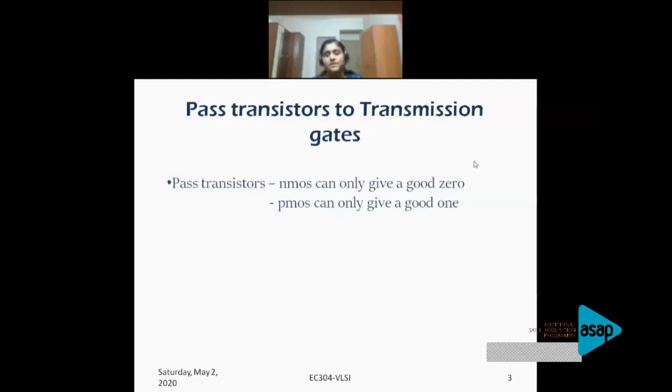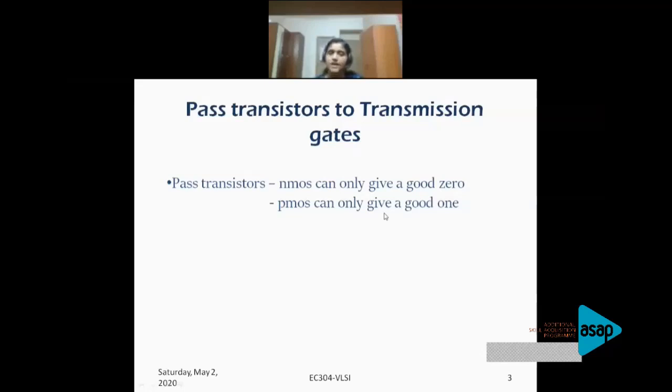The major disadvantage is that NMOS can give only a good 0 and PMOS can give only a good 1. NMOS cannot give a good 1 and PMOS cannot give a good 0. That was a major disadvantage we have seen for pass transistors.